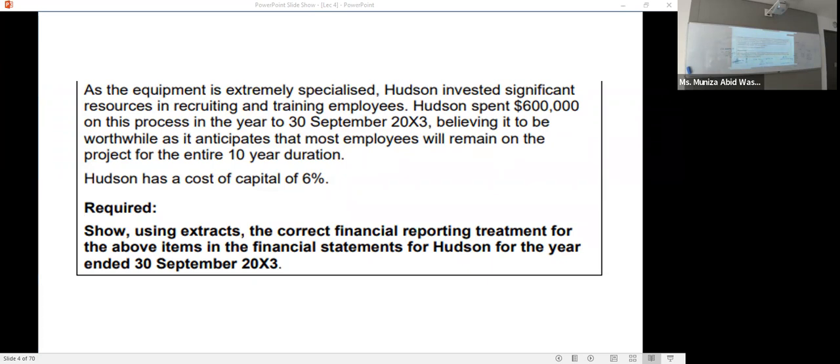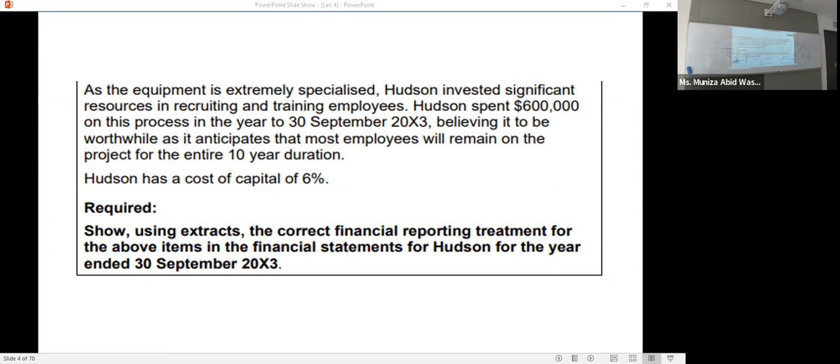Students, training costs are never capitalized, because we cannot control employees. Even if we are training the employees, they have not become our assets. They cannot always be retained in the organization. They can leave the organization at any time.